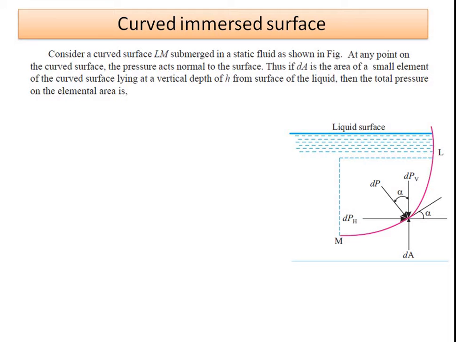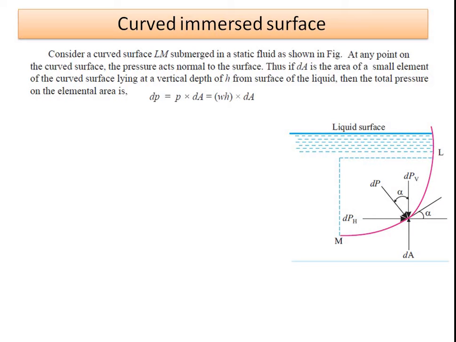If dA is the area of a small element of the curved surface lying at a vertical depth of h from the surface of the liquid, then the total pressure on the element area is dP, and this total pressure can be calculated as p into dA.